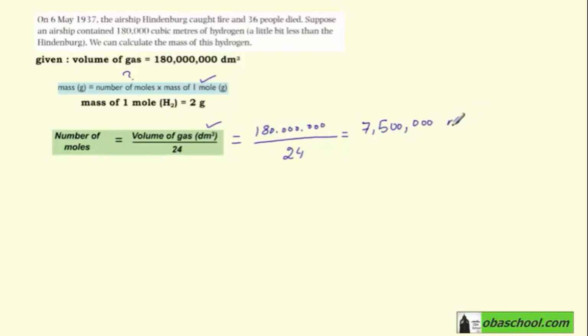So this is the number of moles. Now, since we have the number of moles and the mass of 1 mole, we can easily find the mass.